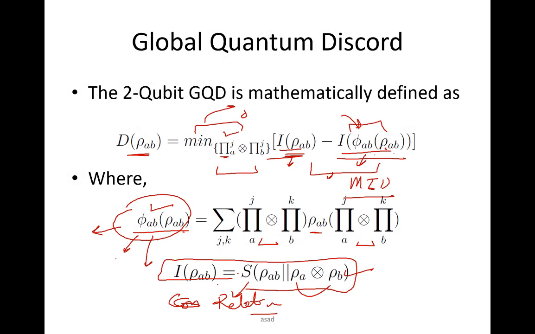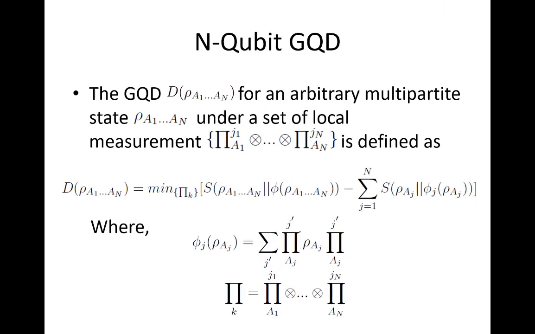This is the definition of discord, and when you generalize to global quantum discord for a multipartite system, you only have to make the multiple tensor product for as many systems as you have. You will get the projectors of those systems, place all those projectors in the tensor product, and sandwich your density matrix in this equation. The recipe is just that.